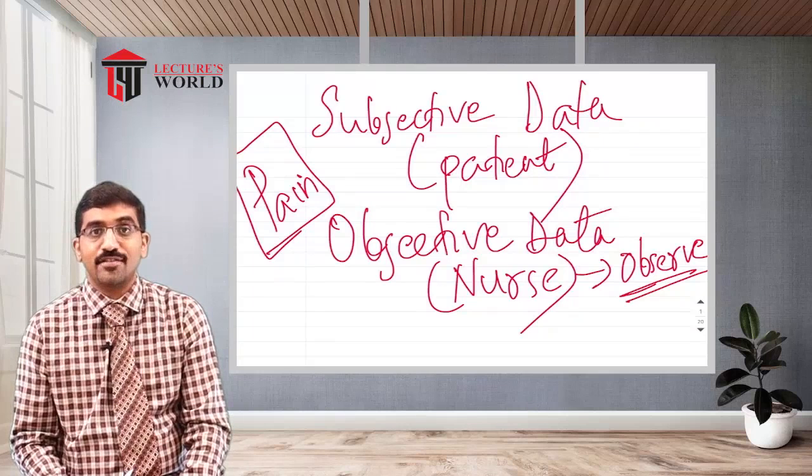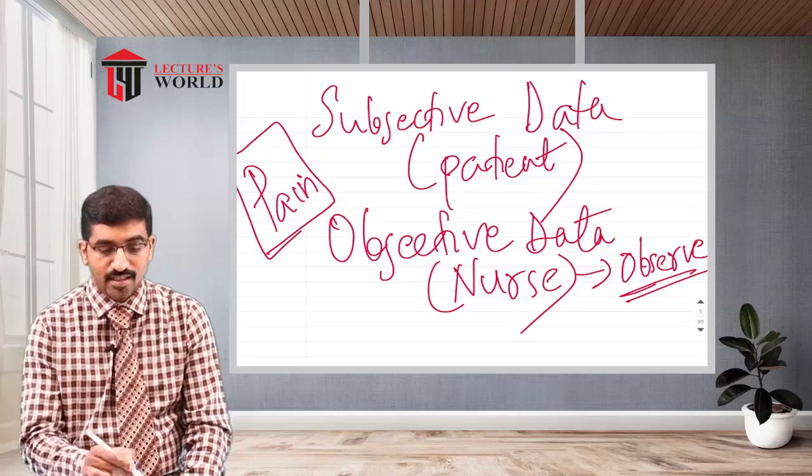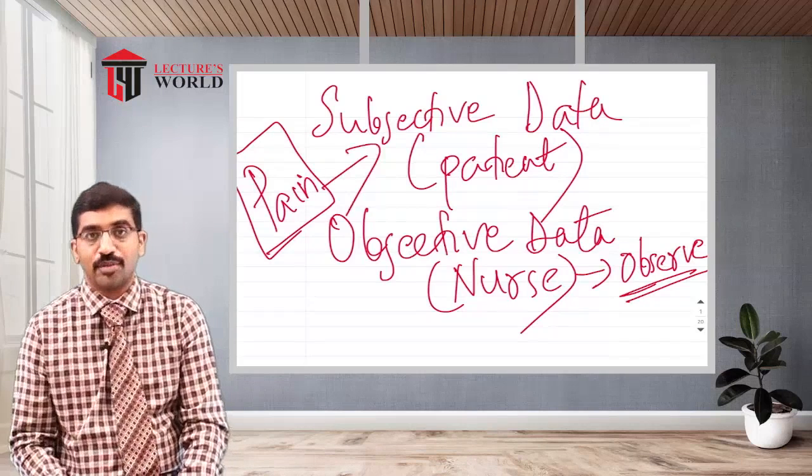Or if it's a surgical case, maybe a post-operative case like lumbar disc rupture, he might have undergone surgery. After the surgery, he may have pain, so he will tell, my pain is hurting too much, it is very bad. So this is subjective information.